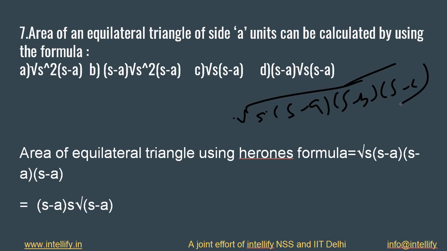Where S is the semi-perimeter given by S is equal to (A plus B plus C) by 2, where A, B, C are the sides of the triangle.